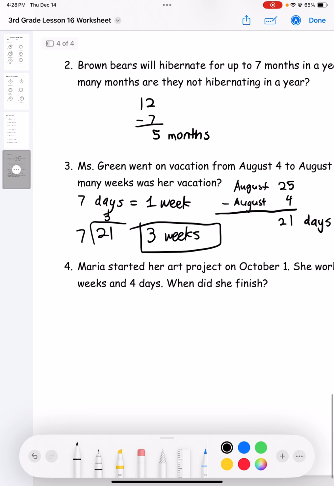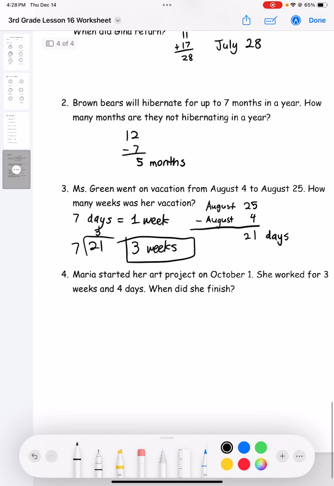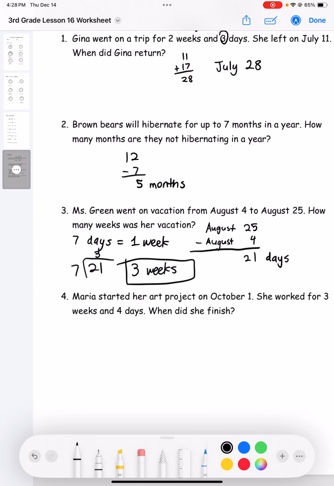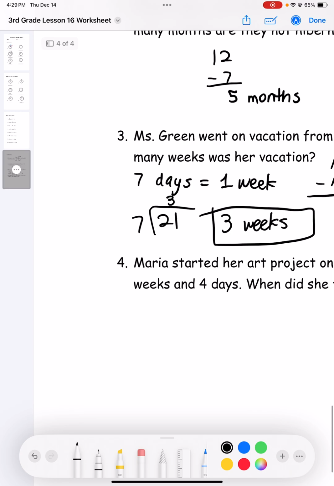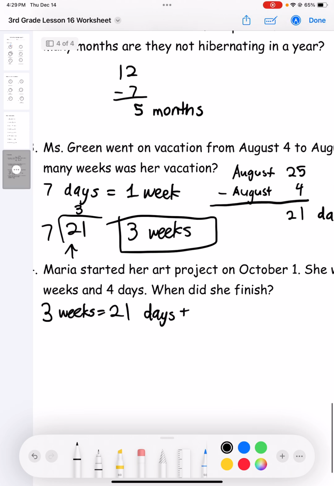Lastly, number 4, Maria started her art project on October 1st. She worked for 3 weeks and 4 days. When did she finish? So we will convert the 3 weeks to days. So 3 weeks, like we saw here, is equal to 21 days. And then we have the extra 4 days.